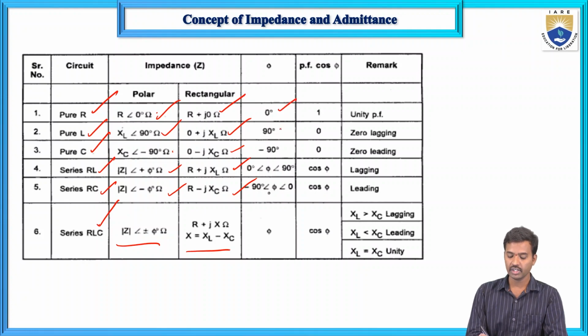So the phi is 0 here, 90, minus 90, between 0 to 90, and between minus 90 to 0, and this one is some phi depending upon the reactance magnitudes.